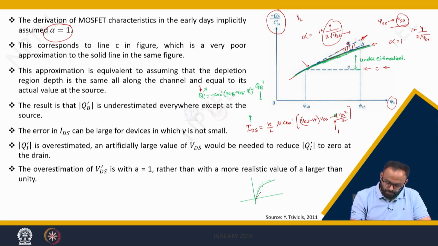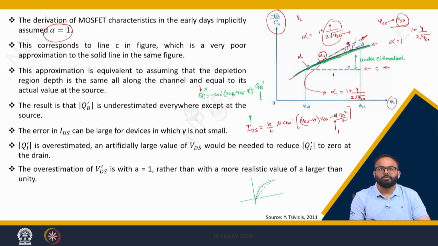So you will get something like this, correct? Meaning you have to choose alpha precisely between 1 and alpha 1, where alpha 1 is the value of alpha defined for the source reference model, which is 1 plus gamma divided by 2 times root of psi 0.